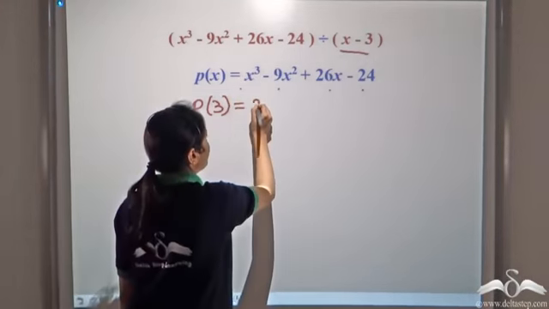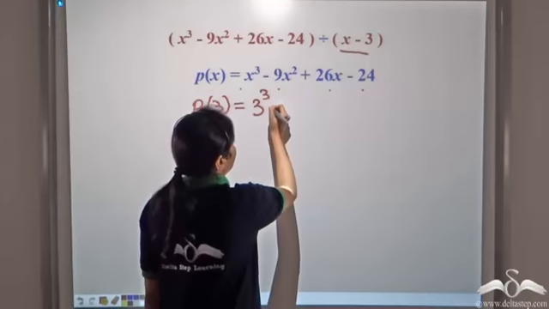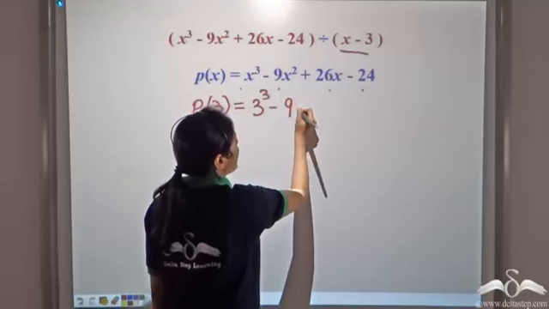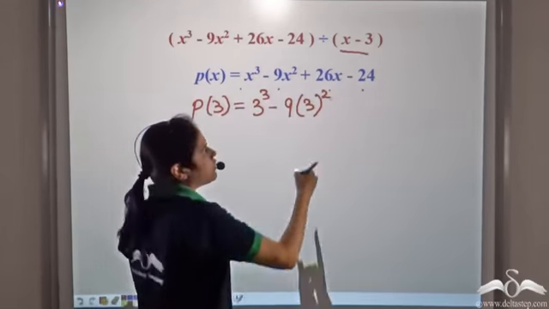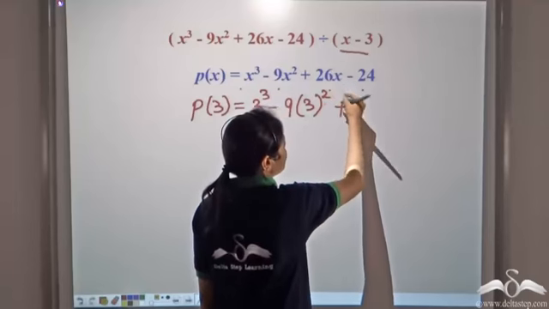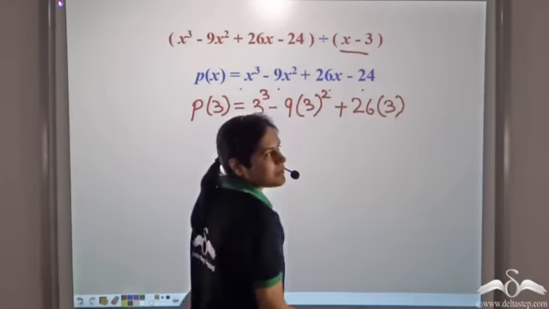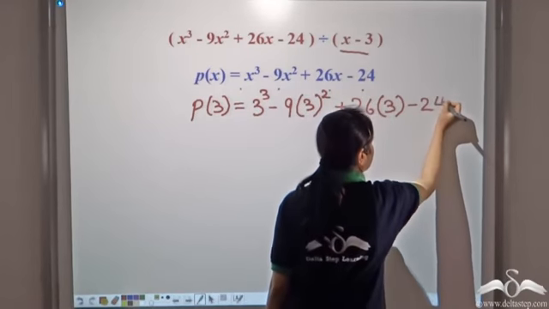x cubed becomes 3 cubed, minus 9x squared is 9 into 3 squared, 26x is 26 into 3, and we have minus 24.